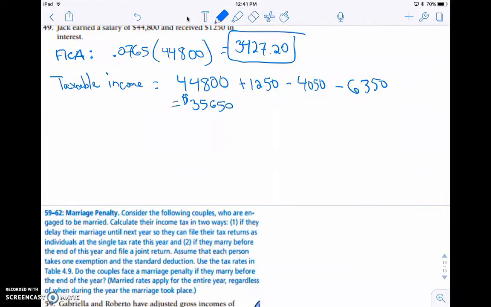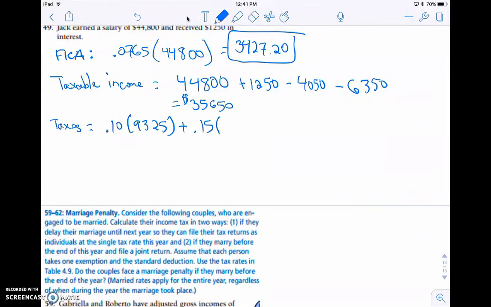To find out the taxes we have to pay based off our marginal tax table, we're going to take 10% of your first $9,325, plus then we move up to the next margin, which is 15%, and that goes up to $37,950, I believe.